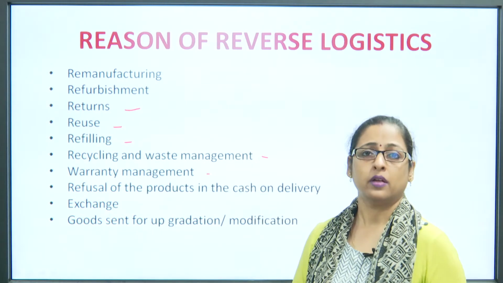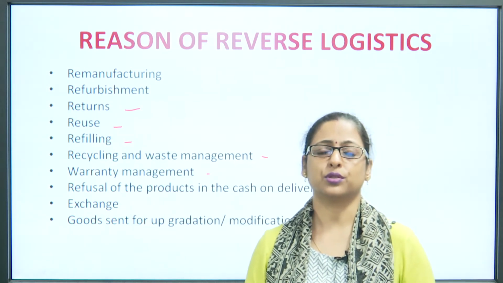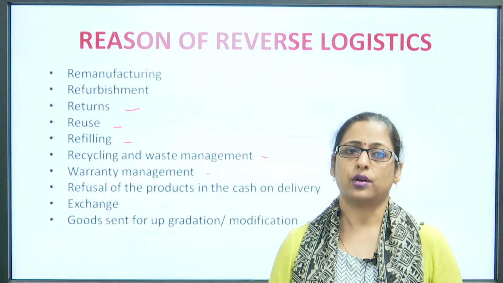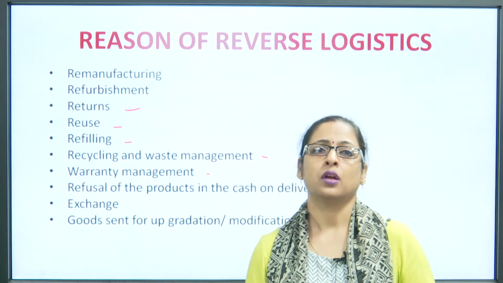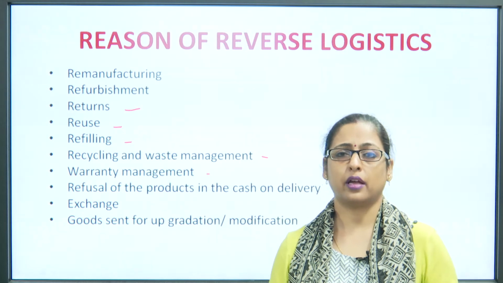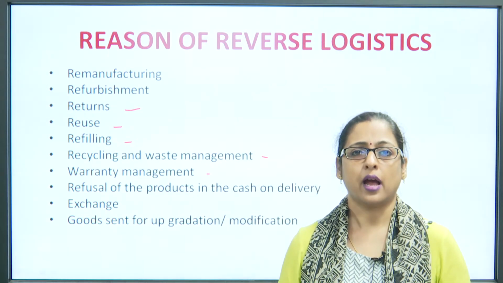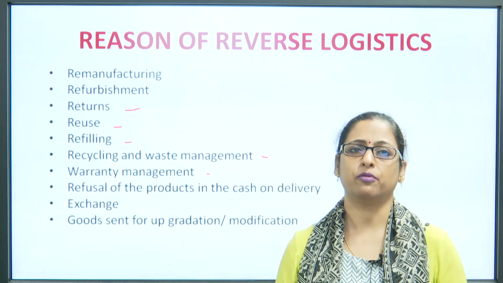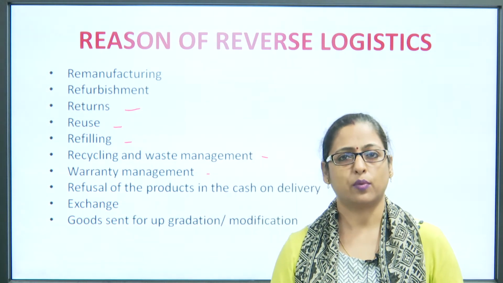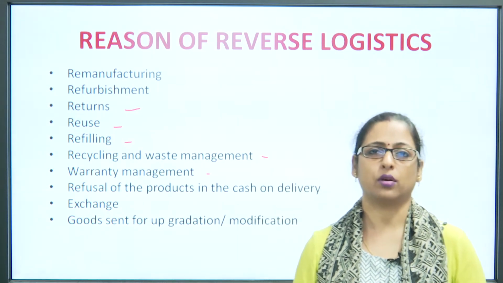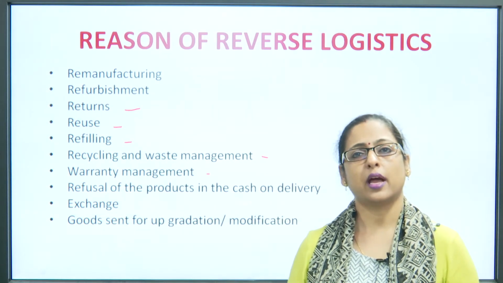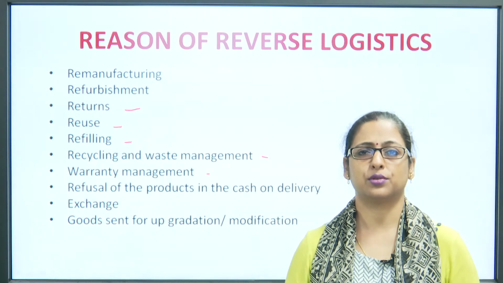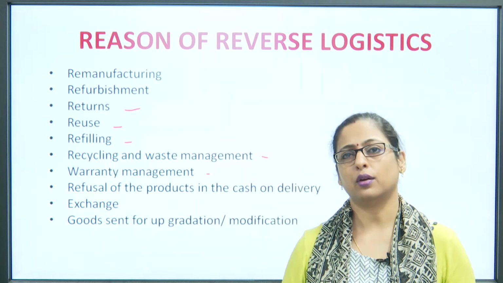Warranty management. There are lots of companies who are providing warranties on the product in order to enhance customer value. So in case the customer is using any product and it has gone bad, there is some problem during the warranty period, be it 1 year, 2 years or so, depending on the type of product, then the customer obviously has the option to return the product or send it to the retailer, so that it can be further repaired or exchanged.